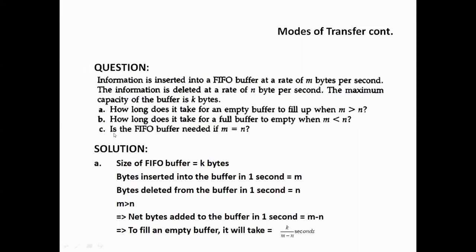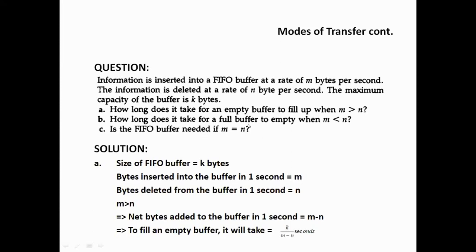Coming to the third part, is the FIFO buffer needed if m is equal to n? That means the number of bytes added and the number of bytes removed is the same in 1 second. So if I add one thing, immediately that one thing is removed.